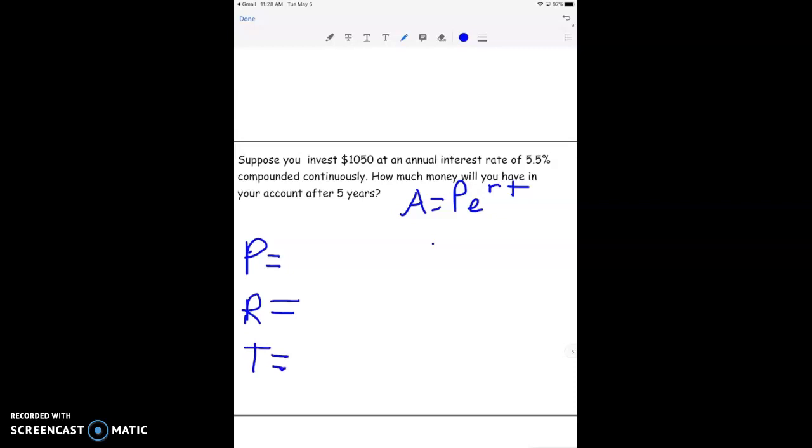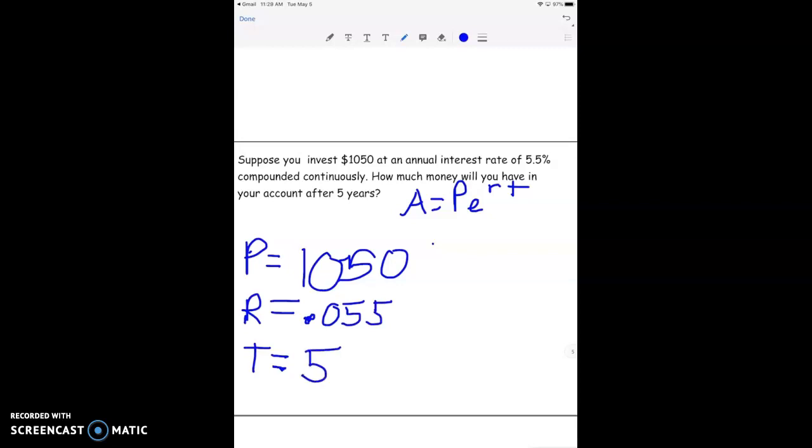It already has a value, and you're going to use that from your calculator. So the P for us is 1,050. The R, 5.5%. Again, move the decimal point 2 spots, so I would get 0.055. And for the T, time, we're going to go 5 years.